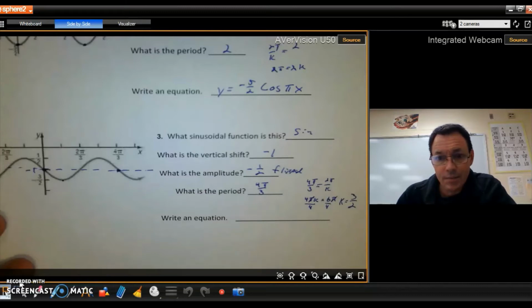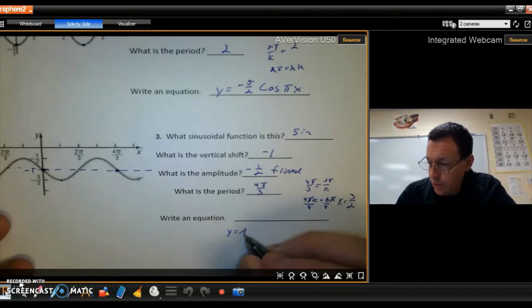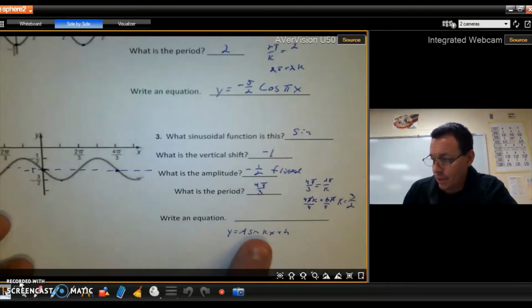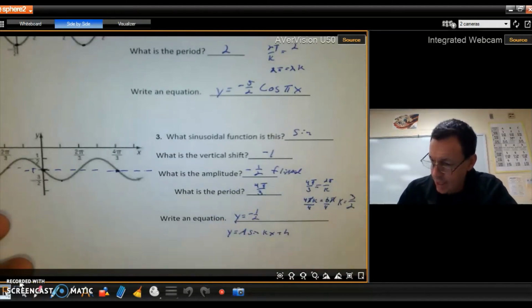is my k value. All right, so now I'm just going to take a normal equation. So y equals a sine kx plus h, and I'm going to plug these values in that we found. Okay, so the first thing we know we plug in is the amplitude, negative 1/2. Y equals negative 1/2.